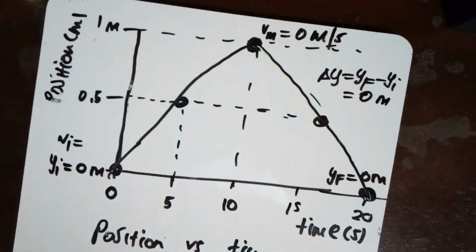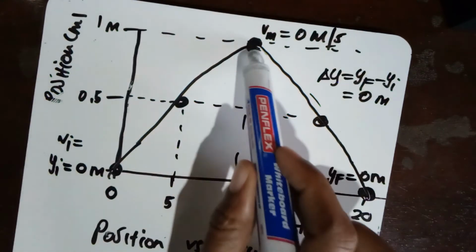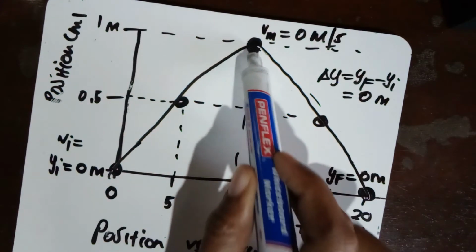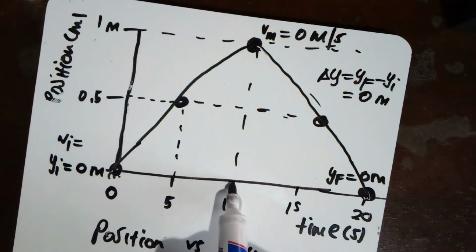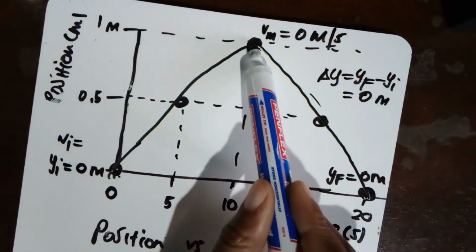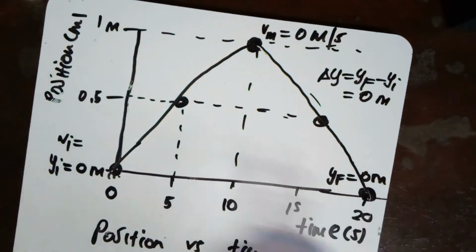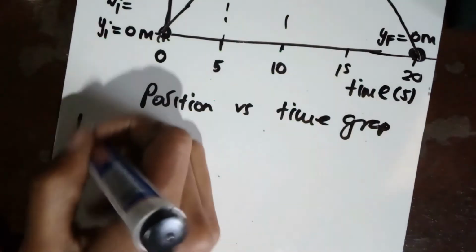Another thing: the time it takes for the projectile to move from the initial position to the maximum height is about 10 seconds, and it's the same time that this projectile takes to move from its maximum height to return to the same position of 0 meters. So we have something that is called time symmetry.